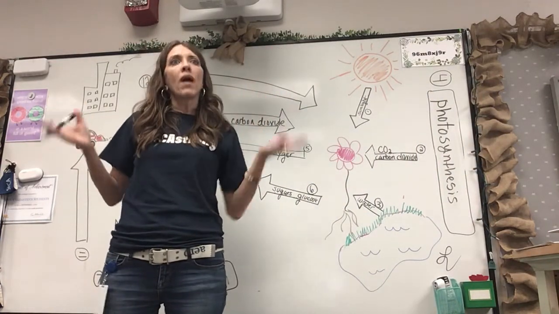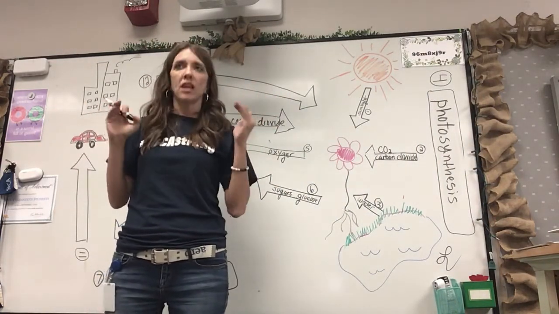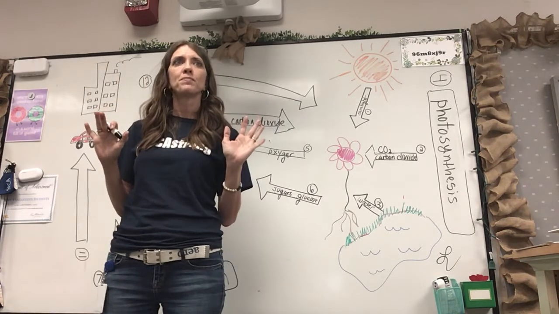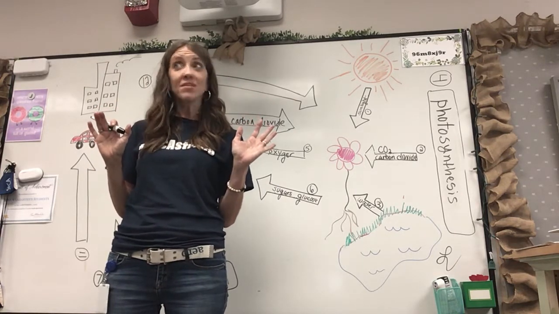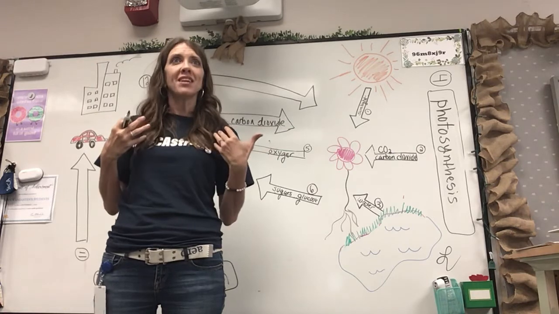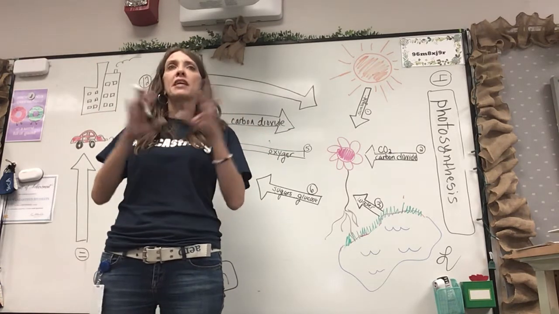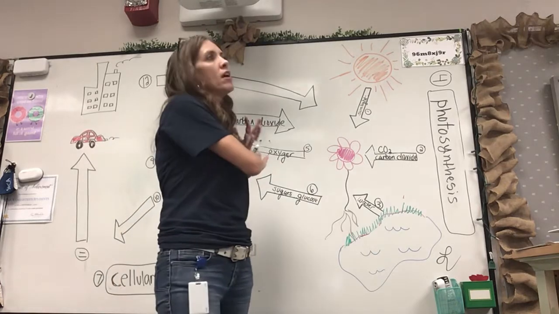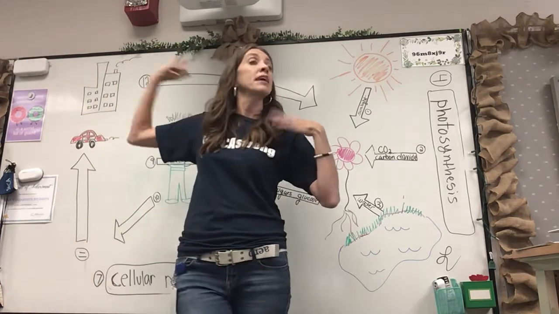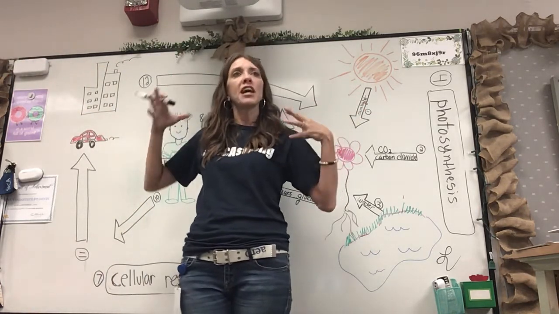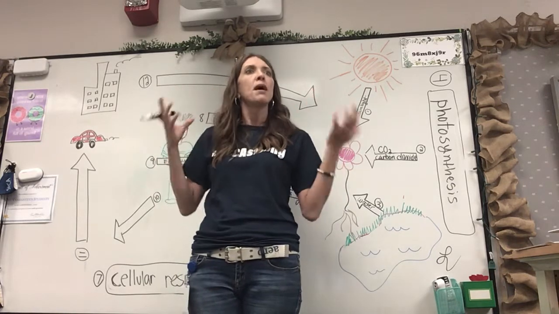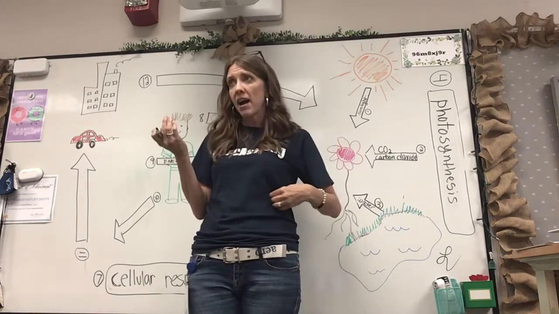Now, what happens if all the plants in the world die? We die. We have nothing left to give us our oxygen, right? That's why we take care of the earth. That's why we take care of the plants. That's why we don't chop down acres and acres of forestry. There needs to be some protection there to make sure we have enough green plants that keep our supply of oxygen going.